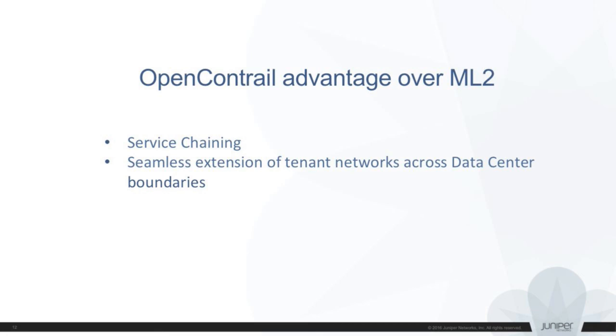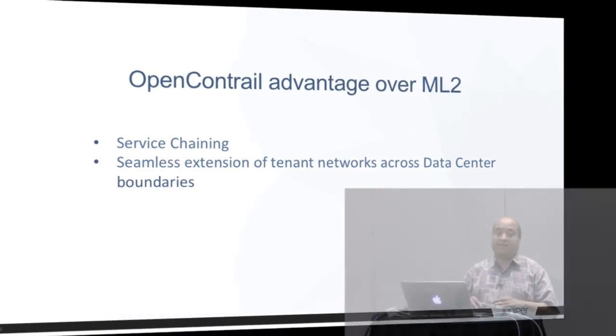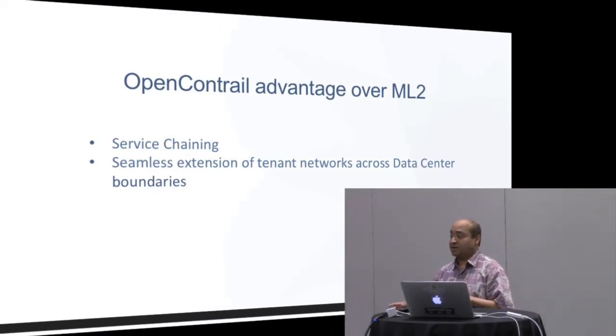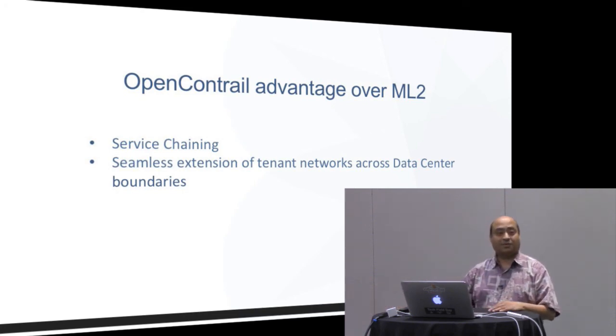So these are the advantages. Here is the reason why it's one thing to choose an overlay, but how it is implemented is also very important, and that's where OpenContrail is a better tool to use than ML2. So those are the details.